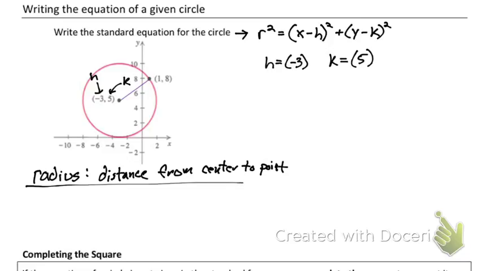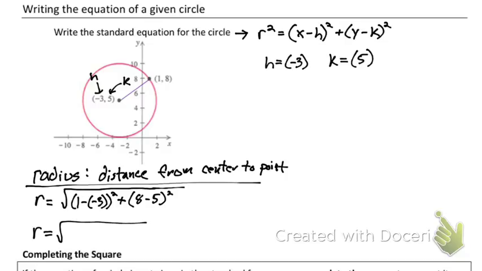In this case, r is going to equal the square root of subtracting our x values: (1 minus -3) squared plus our y values subtracted, 8 minus 5, squared. That gives me r equals the square root of 1 minus -3 is a positive 4. 4 squared is 16.